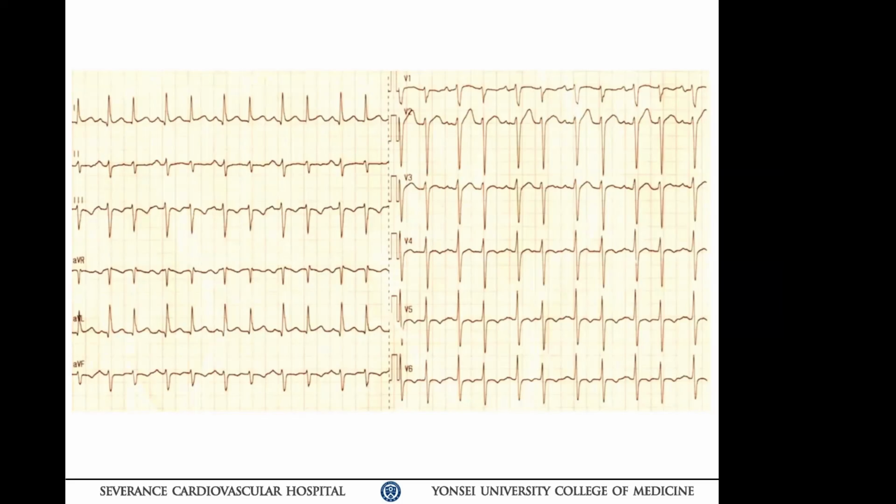The question is, does this narrow complex have a VA conduction or not? Do you think the second premature complex has a VA conduction if this is a ventricular rhythm? What do you think? Every complex followed by that narrow complex, the T wave is deformed if you compare it to the sinus rhythm T wave. Do you think that potentially might be another retrograde atrial activity going on there?